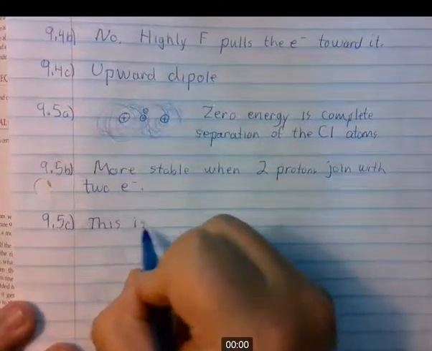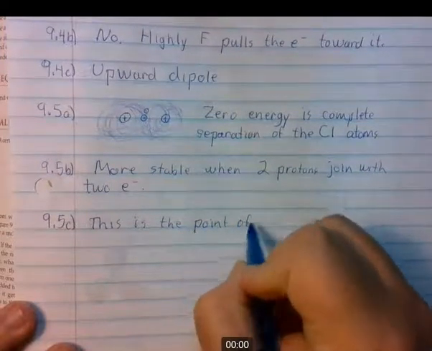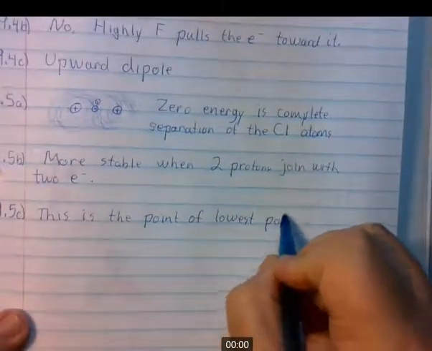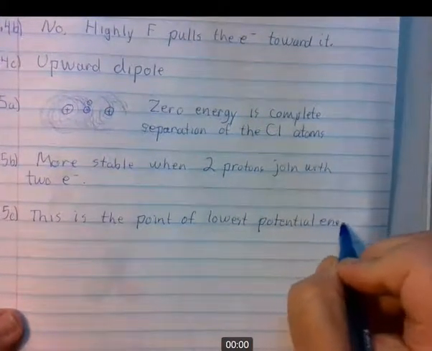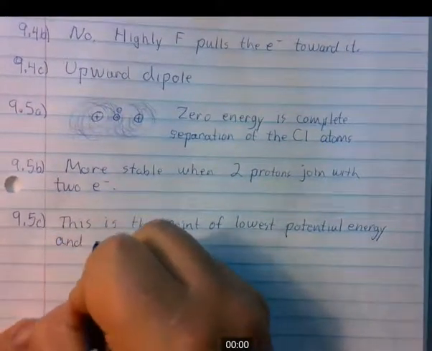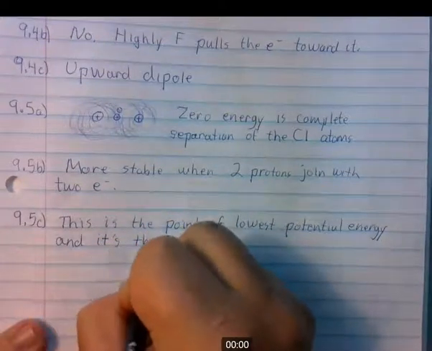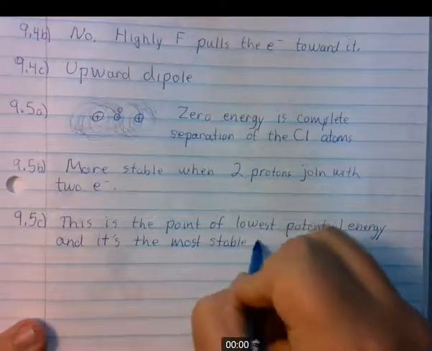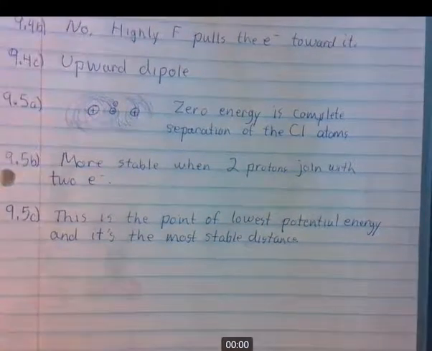This is the point of lowest potential energy, and it's the most stable distance.